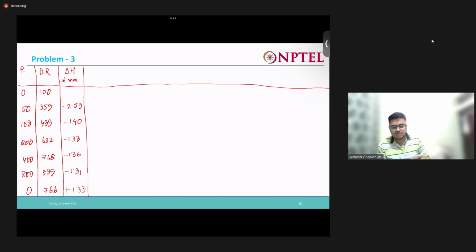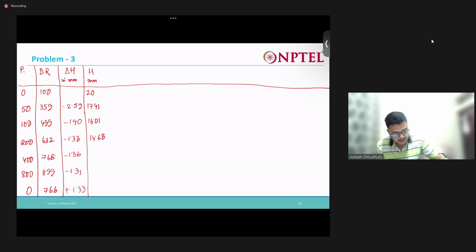Now that we have the changes in height, we can find out the thickness of the specimen. Initially it was 20 mm. Then it is 17.41 mm. Then 16.01 mm. Then 14.68 mm.